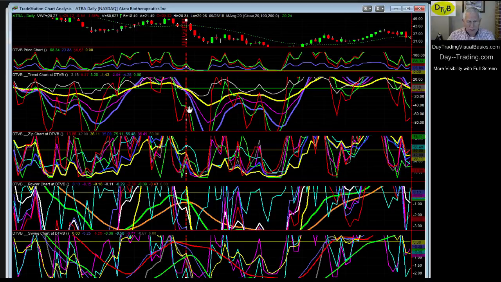So this one had the same primary conditions: trend red and green up, under blue, and the trio yellow, pink, blue under zero and going down. So great example. We see this one quite a bit.